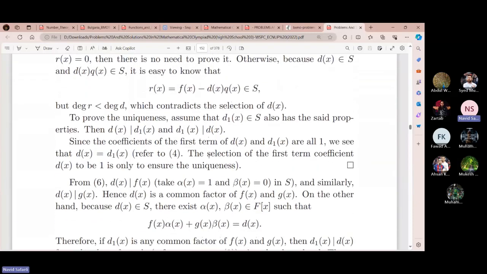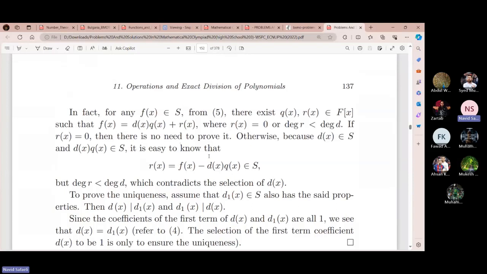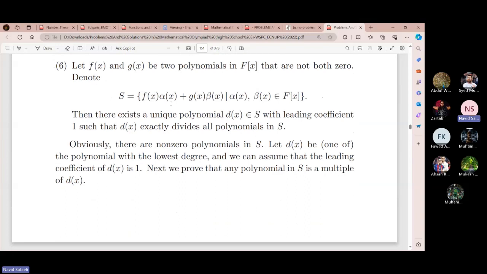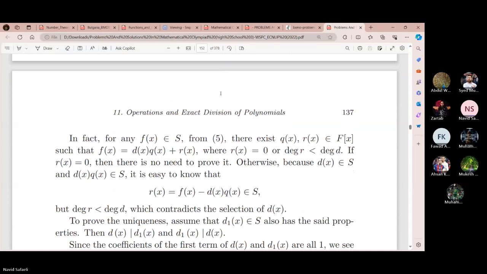Indeed, the argument is very similar to what we did when you were learning the greatest common divisor. If we consider the term of the lowest degree here, and we denote it by d, we prove that d divides all the elements of this set.